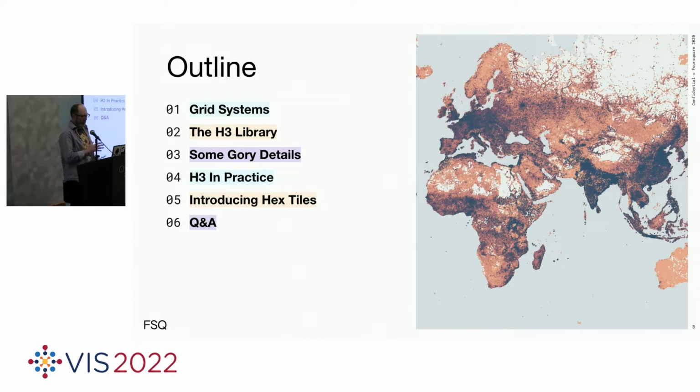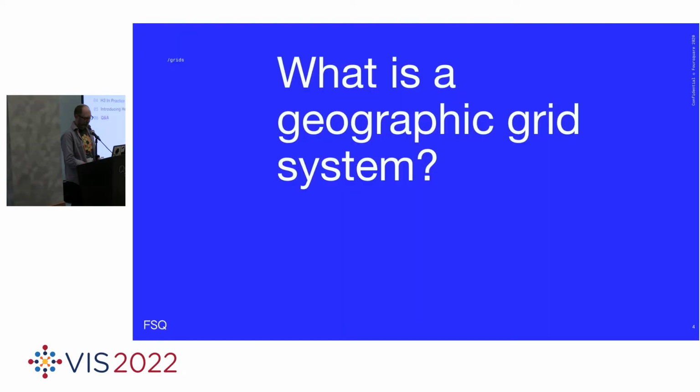And I'll go through a little example of how you might use H3 in practice to do a simple analysis. At the end, I will talk about HexTiles, which is a technology we've built on top of H3 at Foursquare, which uses H3 under the hood to handle very large data sets that would be too large to bring into the browser, since most of our geospatial application is browser-based.